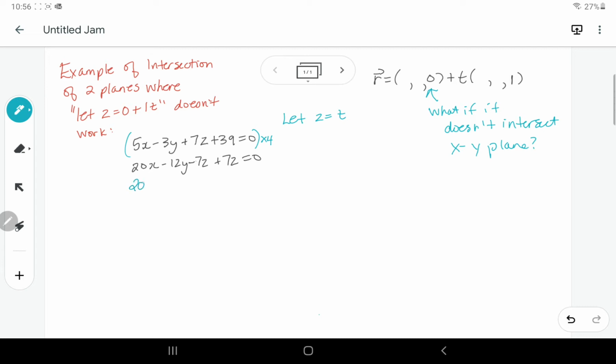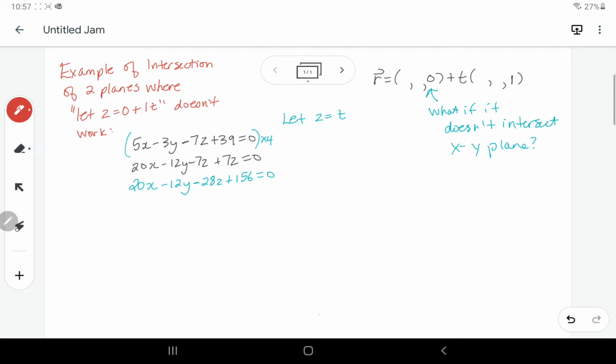So I would get 20x minus 12y plus 28z plus 156 equals 0. Oops, actually I've got a wrong value in there. When I made up these equations, I copied that down wrong. That should be minus 7z, so this would be minus 28z.